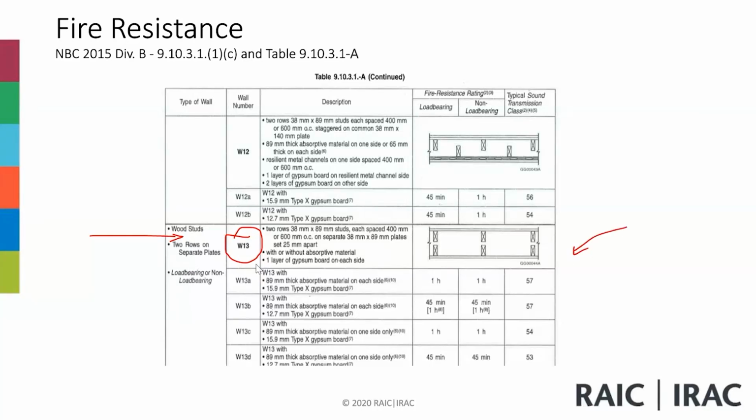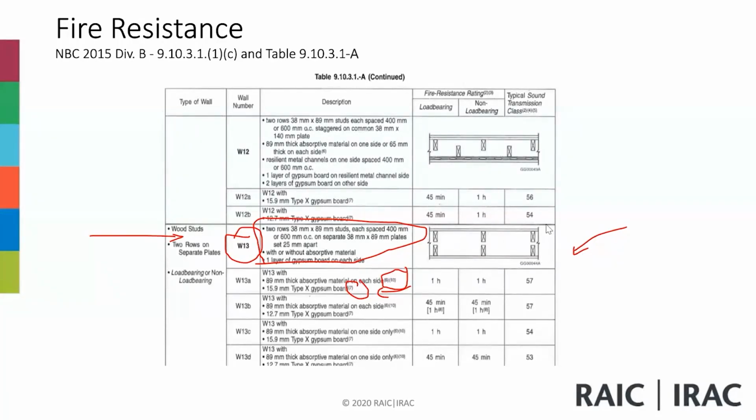And then once you read this whole information, you go into the different variations you get on it. In this one, instead of 1 layer of gypsum, I'm using 15.9 mm Type X gypsum board. So 1 layer of 15.9 Type X gypsum board with 89 mm thick absorptive material on each side. We go to the notes, I see note 7, and I'm seeing 8 and 10 here.